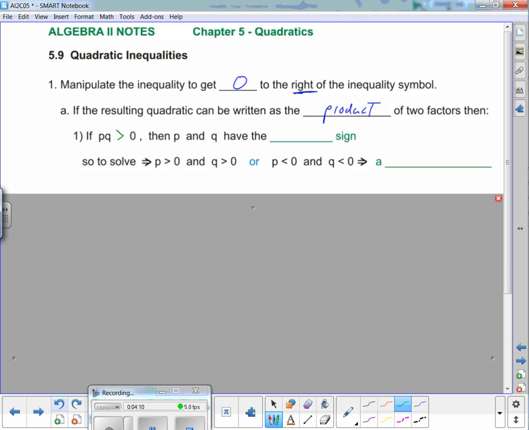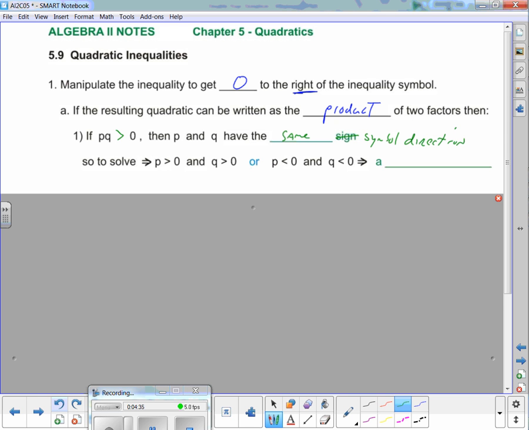All right, so what is the situation then? Here's the reality. P and Q have the same symbol direction.